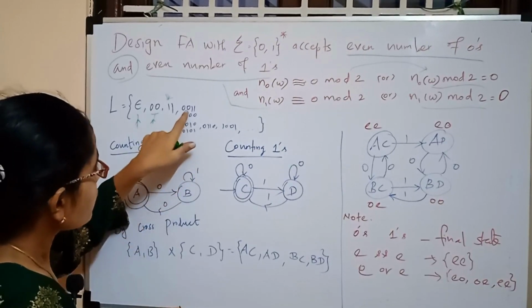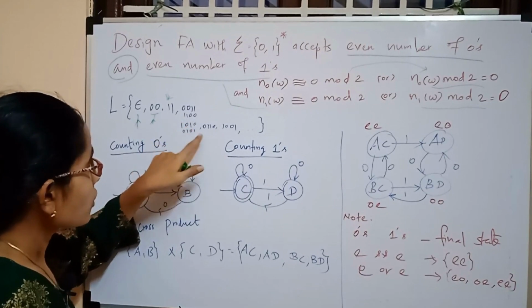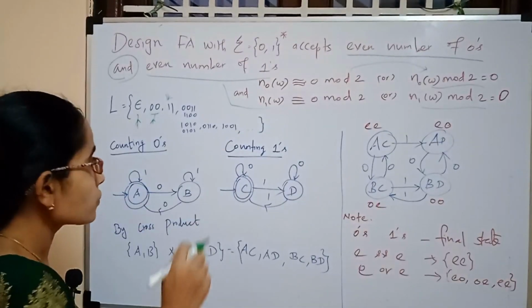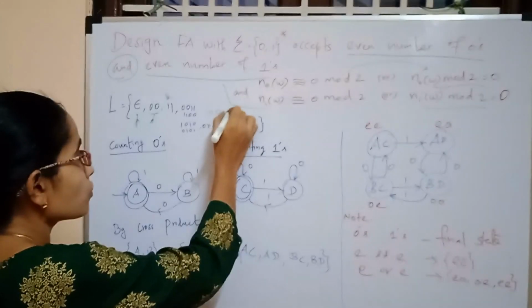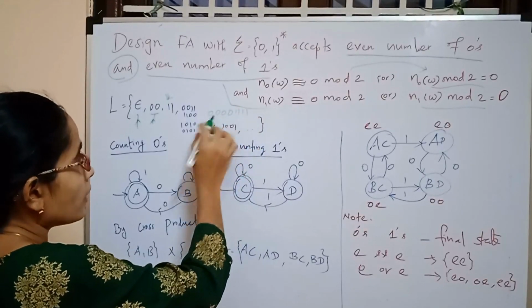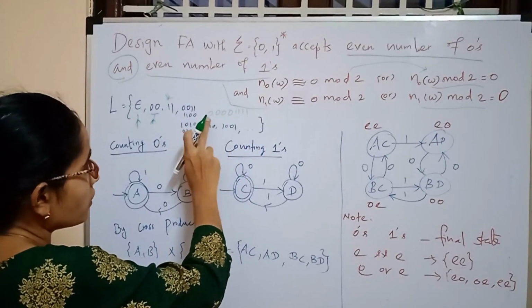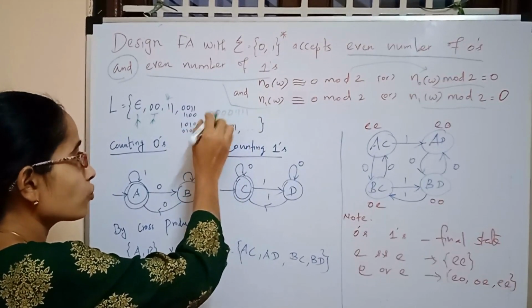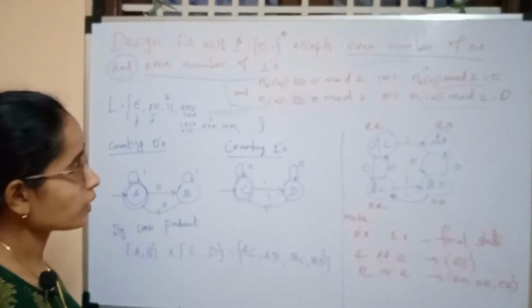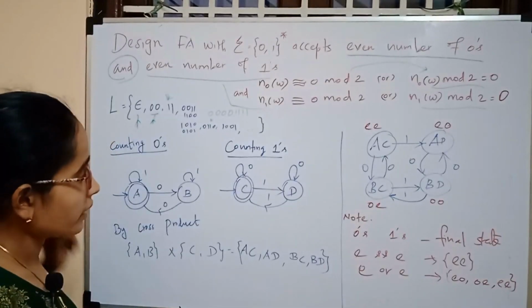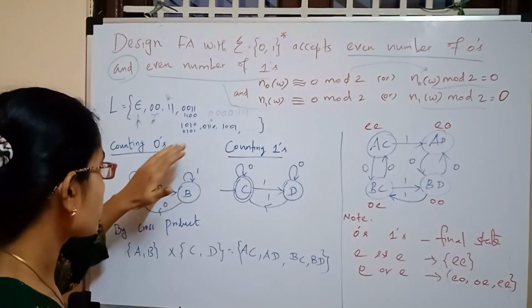So 0 0 1 1, 1 1 0 0, 0 1 1, likewise it goes on. You can also have 0 0 0 0 1 1. I will not take 3 zeros or 3 ones, but 4 zeros or 4 ones, there you will have combinations. Which means the set is an infinite set, so the language is an infinite language.